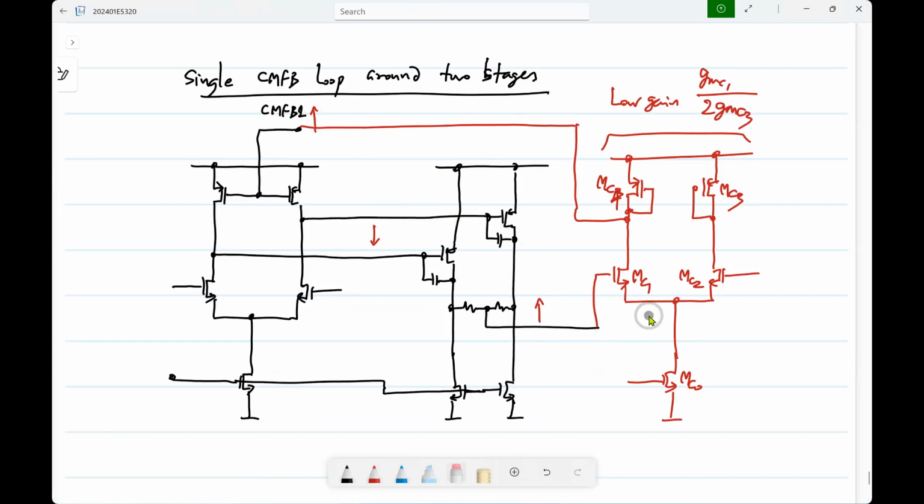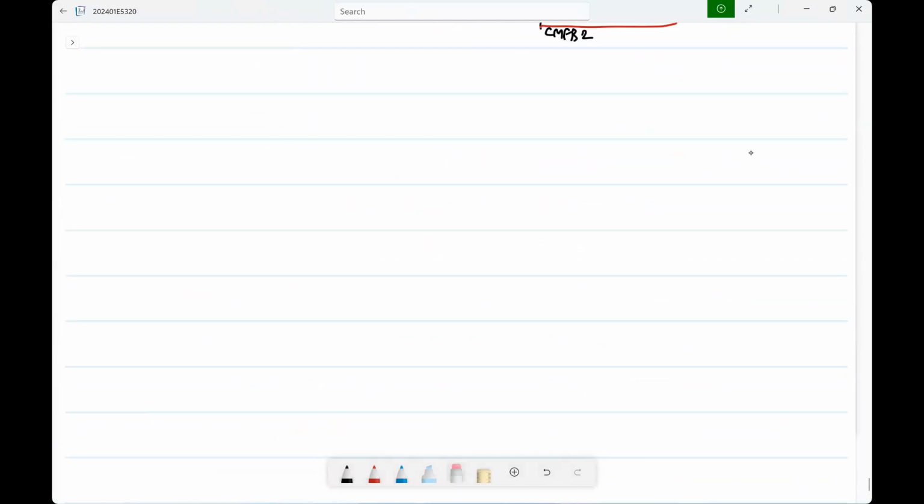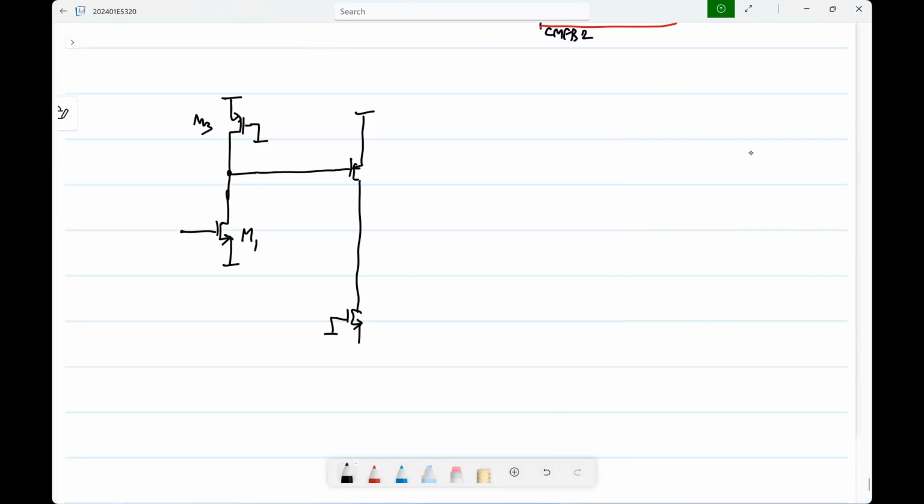Any questions about any of this fully differential? Signal picture wise, there is not much. I won't go into the details, but what will be the differential half circuit of the two-stage op-amp? It's actually quite simple, right? All you have is the differential pair, and its differential half circuit is just this, M1 and M3. The following stage also is the same, M11 and M12.